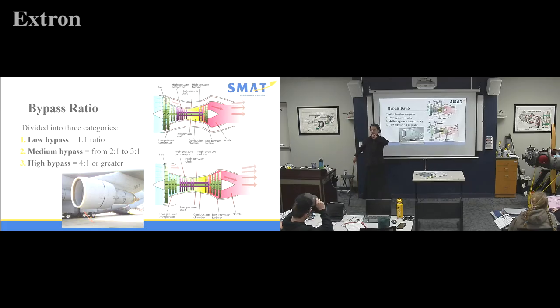here's a freebie. Which one of these do you think our beach jet is? Try just eyeballing it when you're out there. We've maybe got some lows. It is a low bypass. It's just a 1-to-1.